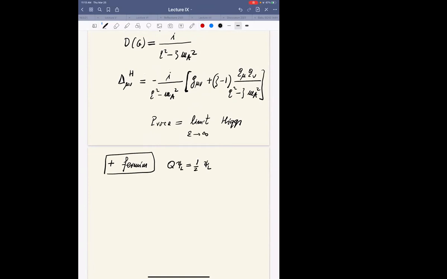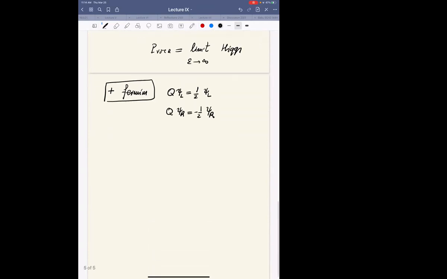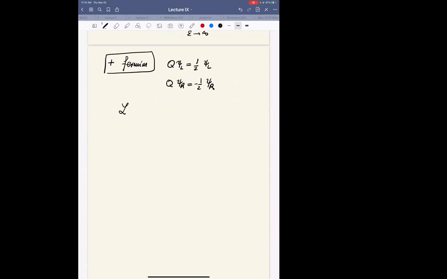Please check. I had the right to choose charges. Is minus, that's my privilege. Notice with these charges, I can write then Yukawa interaction added to the Lagrangian, which is what? Yukawa psi L bar. So that gives me minus a half Higgs psi R plus Hermitian conjugate. By the choice of charges.